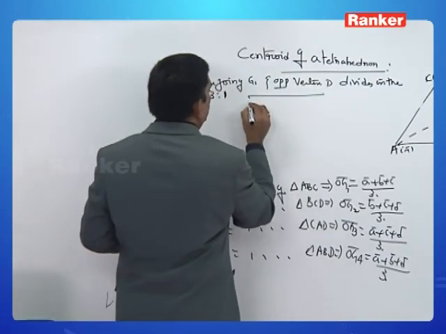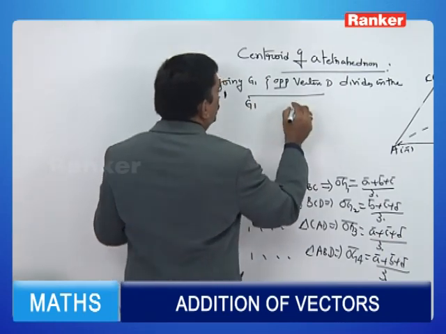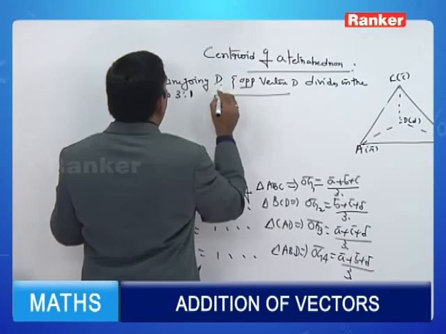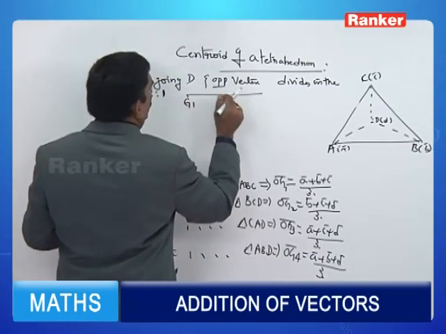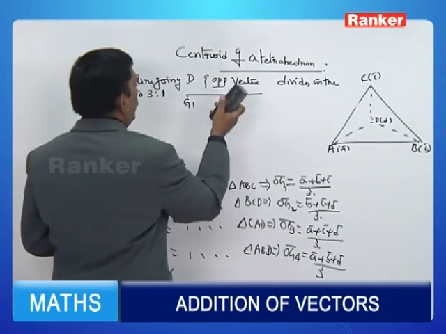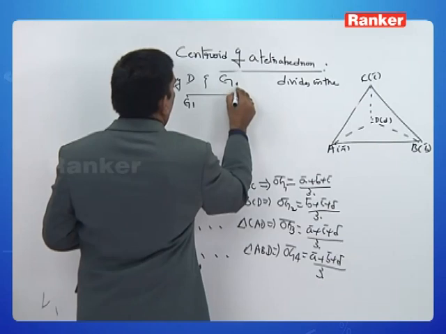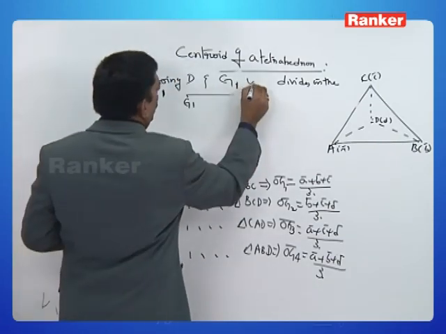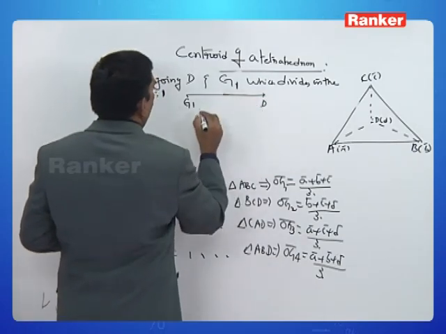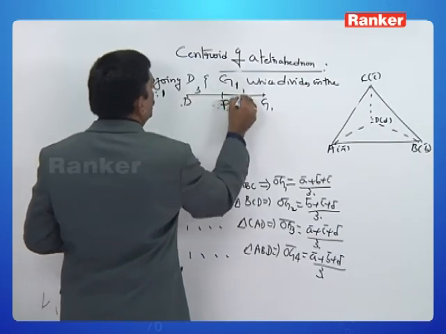So the line joining the points D and G1 is divided by some point P, which you take as P, in the ratio 3:1.